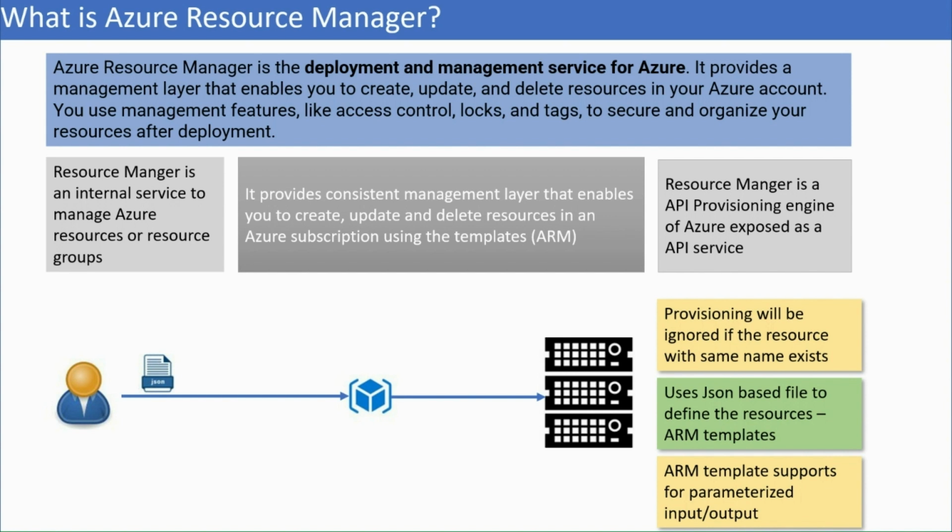It's a kind of an API provisioning engine that is built on Azure and exposed as an API service. When you provide the engine with a JSON based template, that is an IaC template that specifies the resources that we require and their configuration, the ARM automatically orchestrates the deployment in the correct order with respect to the dependencies as specified in the IaC script.